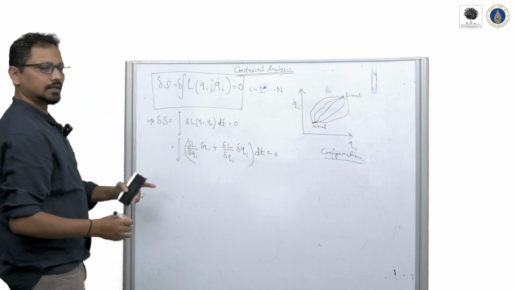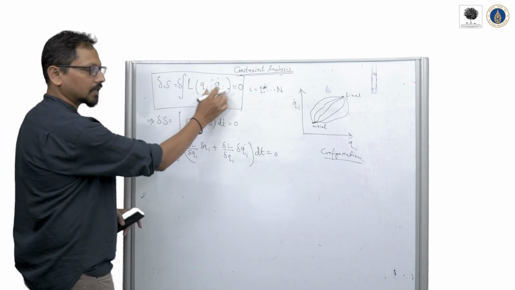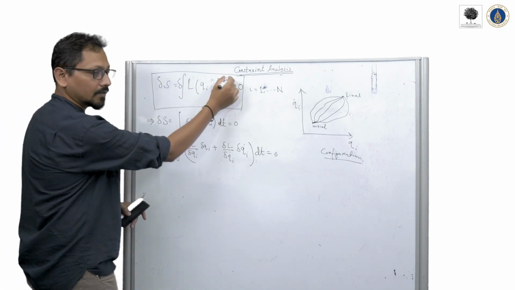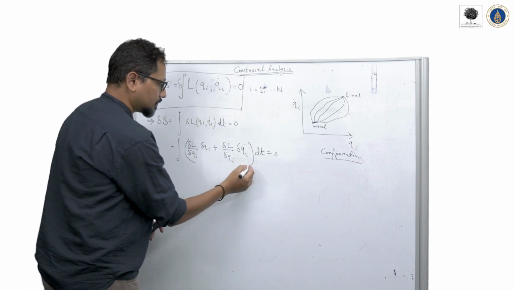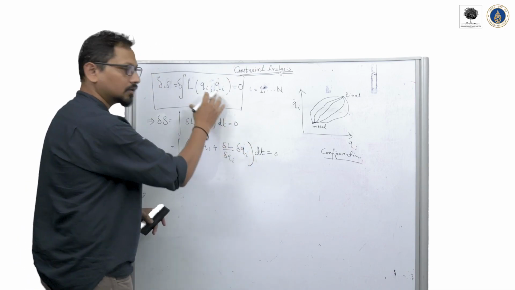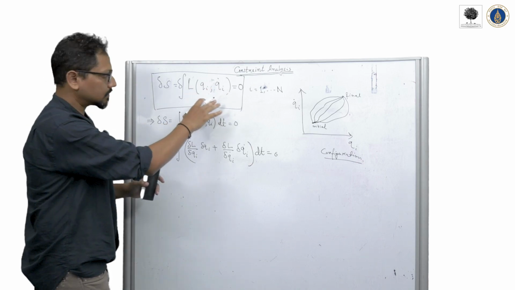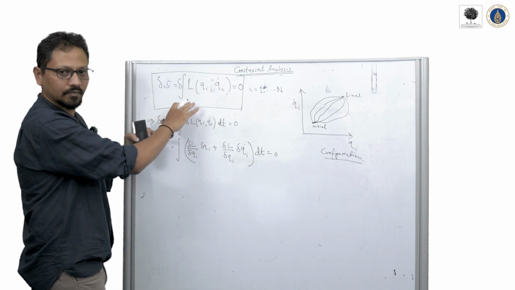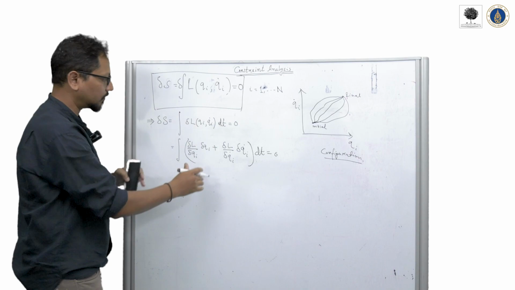I'm taking a simple system where the Lagrangian doesn't depend on time. In general it can depend on time as well, by which I mean explicit dependence, but here I assume there is no explicit dependence of the Lagrangian on the time variable.